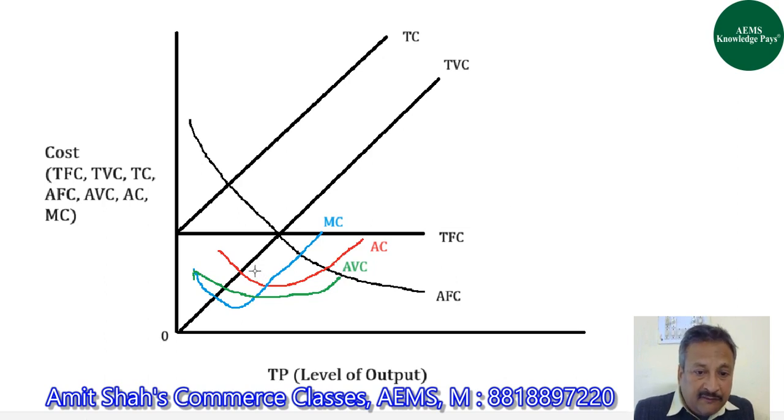The next thing about this, guys, is that the marginal cost curve cuts the average cost curve at the lowest point of average cost curve. So this is the lowest point where marginal cost curve is cutting average cost curve. Average cost curve is red one, marginal cost curve is blue one. Generally, when they have downward trend, marginal cost curve remains lower than average cost curve.